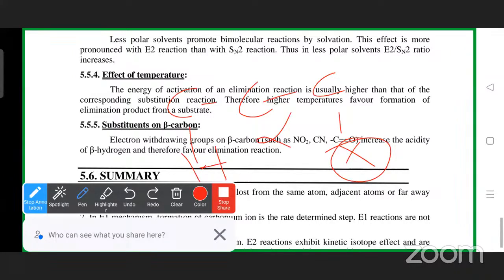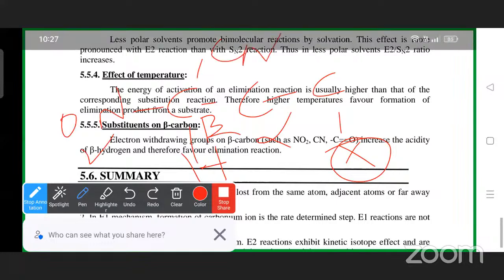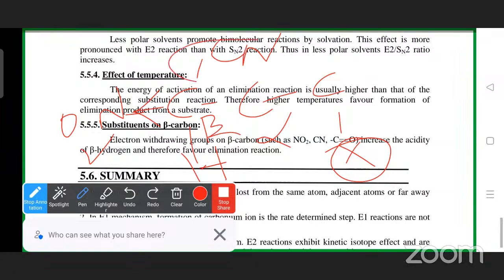If the beta carbon is carrying electron withdrawing groups like nitro, cyanide, or carbonyl groups, then it favors the elimination reaction, because they are electron withdrawing groups. The presence of these groups on the beta carbon promotes elimination.